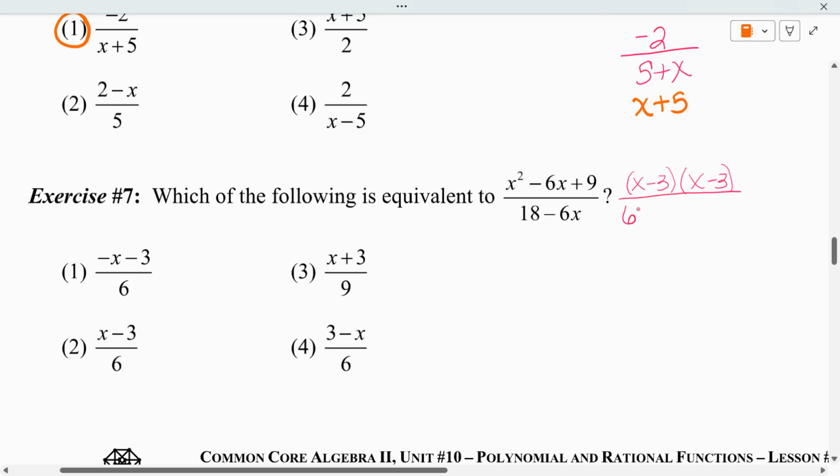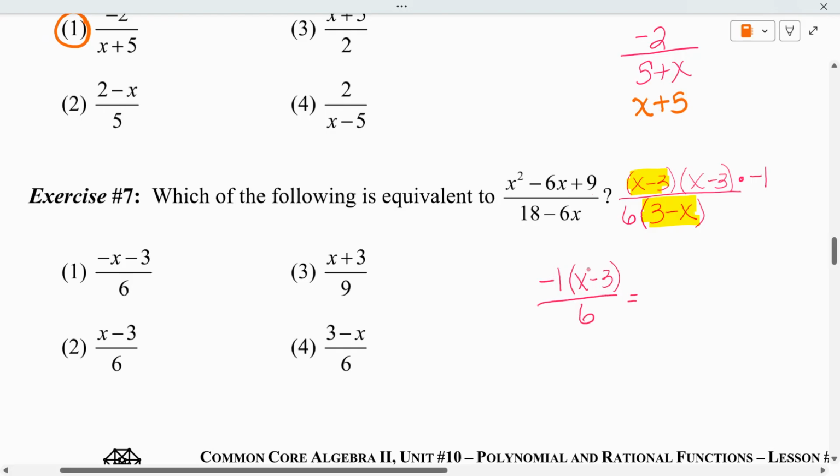There's a GCF. 6 leaves me with what? 3 minus x. Okay. So I have an x minus 3 and I have a 3 minus x. What does that mean? Times negative 1. So I really have negative 1 times x minus 3 over 6.